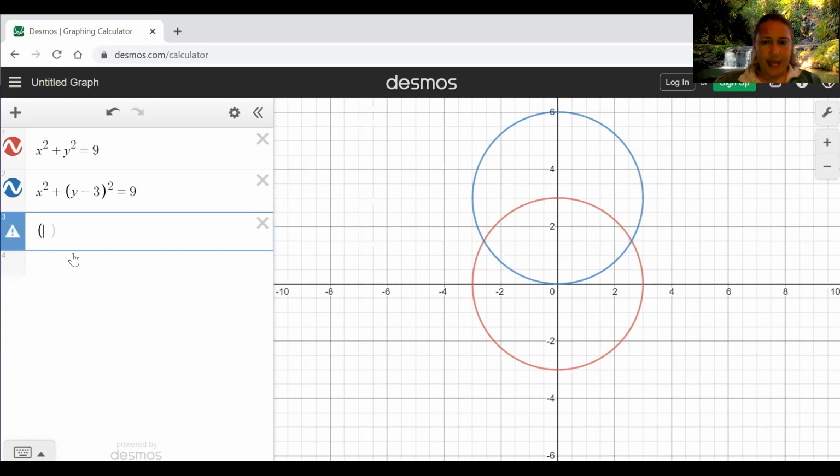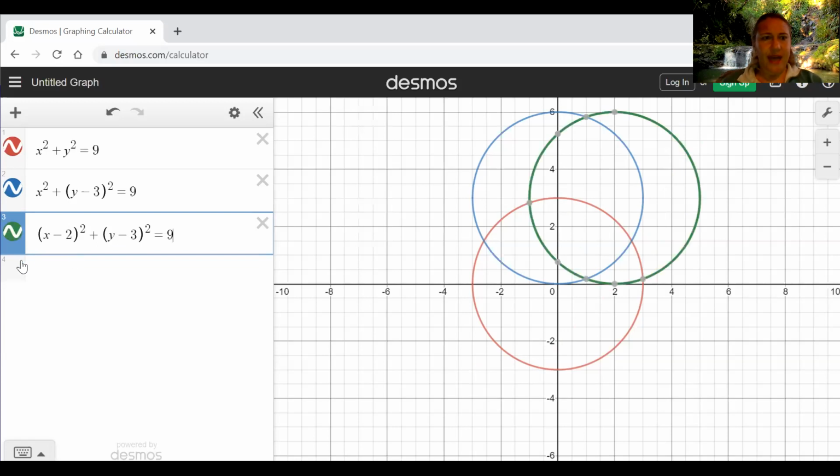So let's try this. Oops, wait. x minus 2 squared plus, the same thing, y minus 3 squared equals 9.